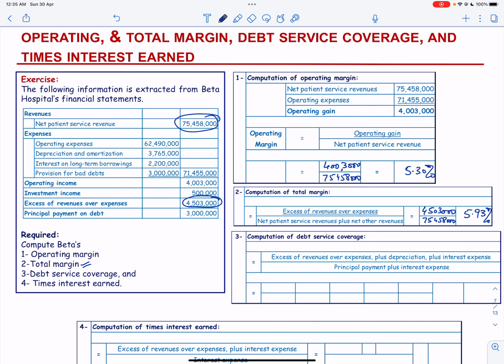Next, we calculate the debt service coverage, that is number 3.